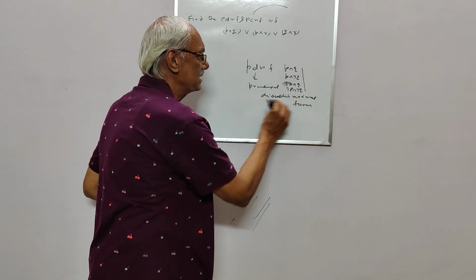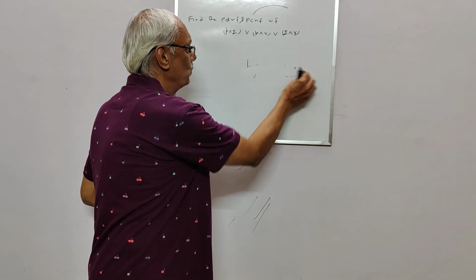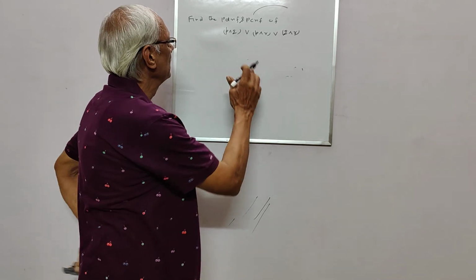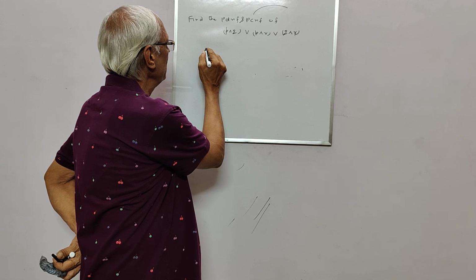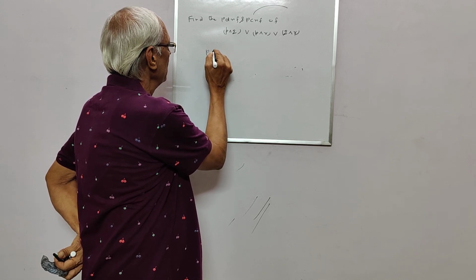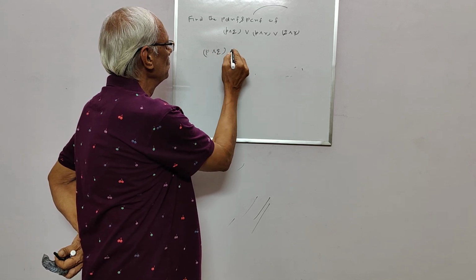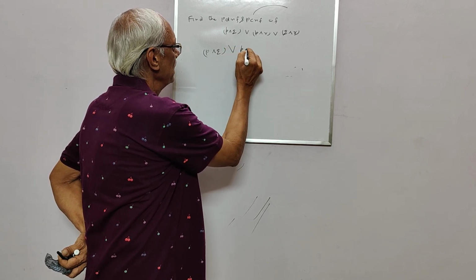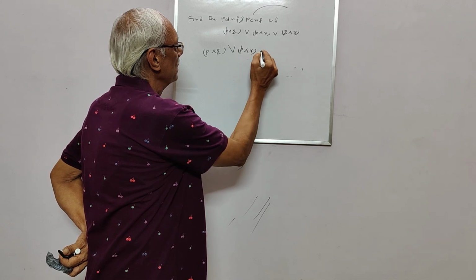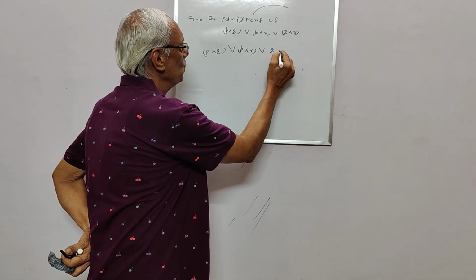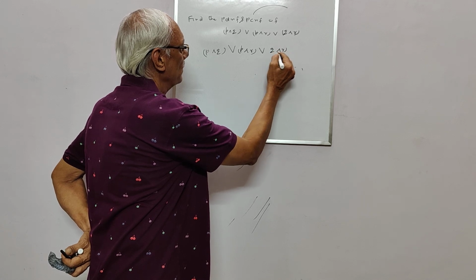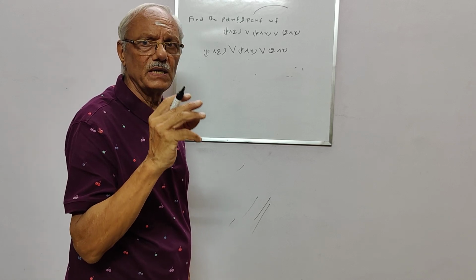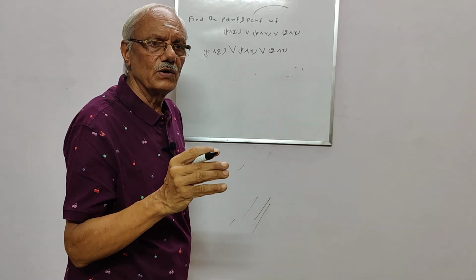Now see what you have to do. The expression is P conjunction Q, disjunction P conjunction R, disjunction Q conjunction R. Note that there are 3 variables here.